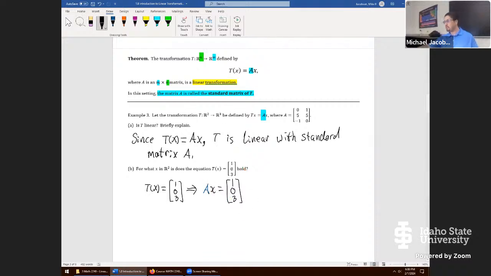But solving this, let's take a look at what we would have to do. It says for what x? That means we're looking for a solution, and that means we need reduced row echelon form. And that means also, well, reduced row echelon form of what? We're going for the augmented matrix from this matrix equation.